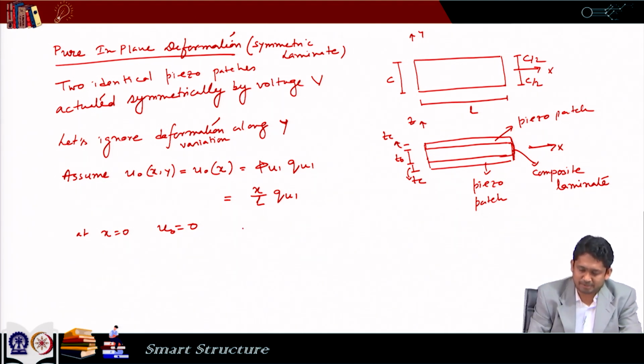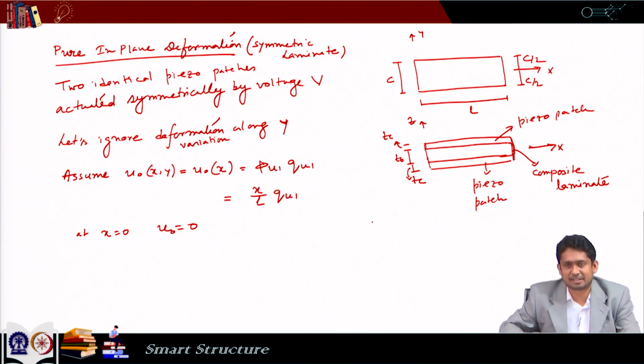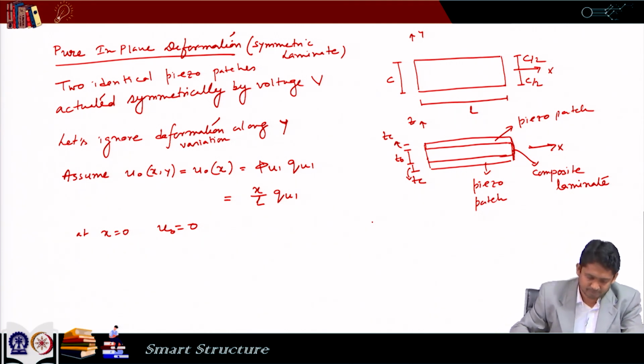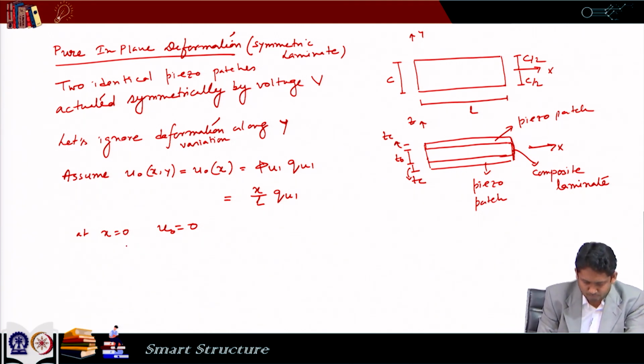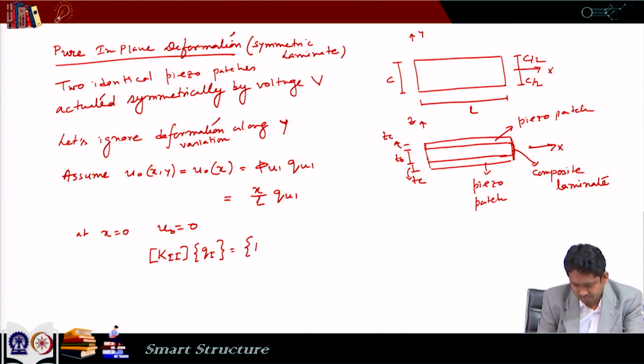So, we can solve it as a purely axial problem. In that case, the stiffnesses like QIW and QWI can be neglected, and let us solve it as a static problem. Now, if that is the case, we solve only this KII multiplied by QI is equal to FI.